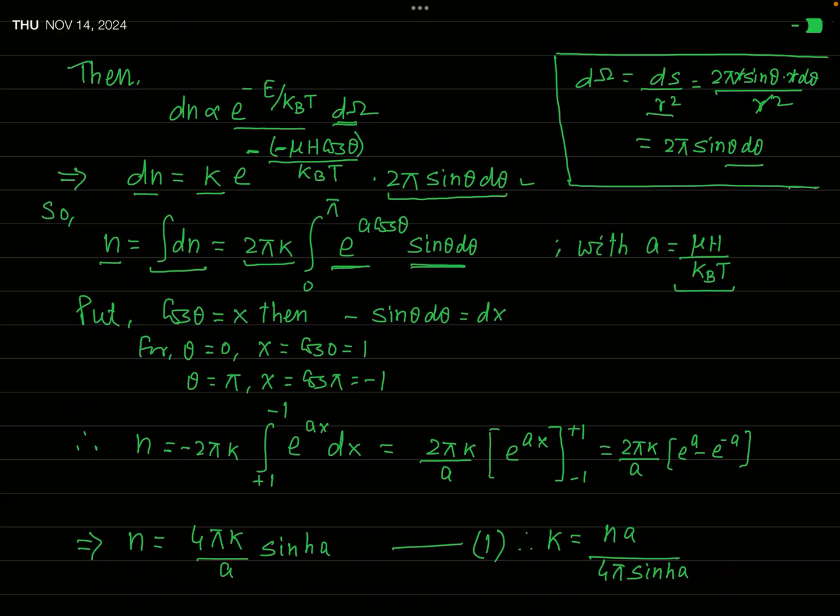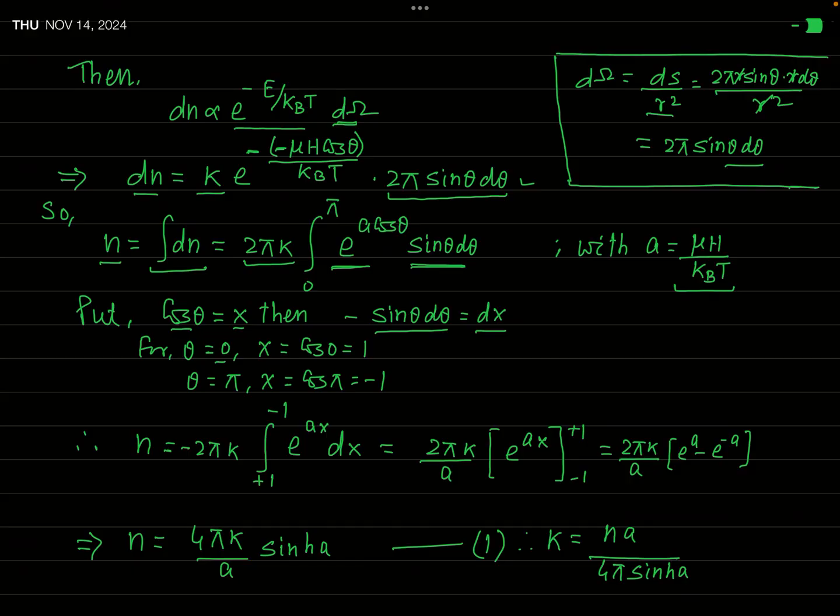Now by the method of substitution, you can easily evaluate this integral, and for this we consider that cos theta is equal to x. When cos theta is x, if you take the differential, you will see that this will be minus sine theta d theta equal to dx. Okay. Now let us see what the limits will be when we change the variable theta in terms of x.